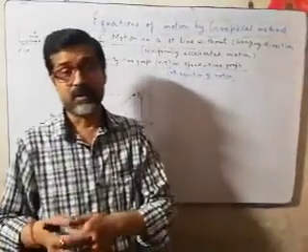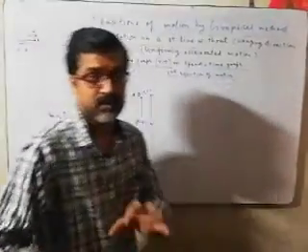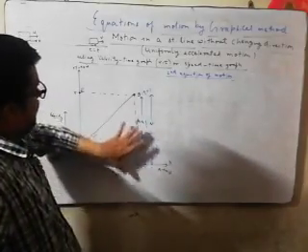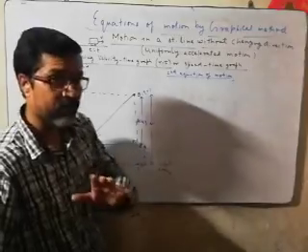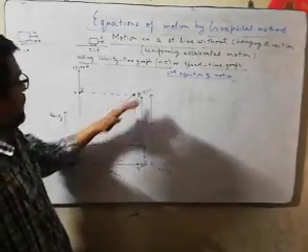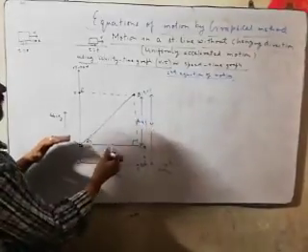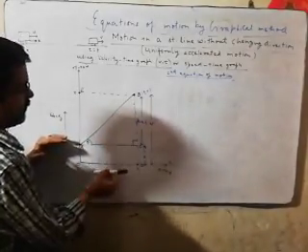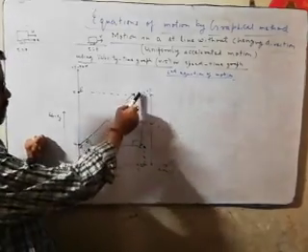That is also one important point of the velocity-time graph. Last day also I discussed this point: the area under the velocity-time graph. That means AB is the velocity-time graph, and the area it makes with the x-axis, that means the area of OABD.